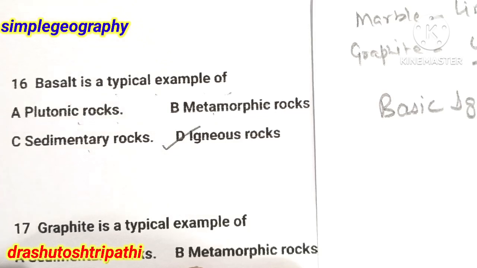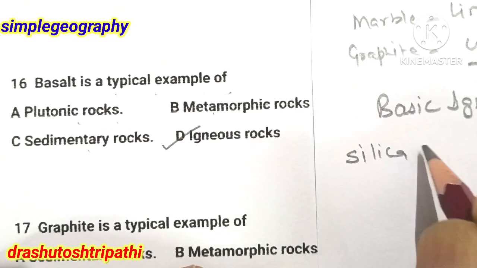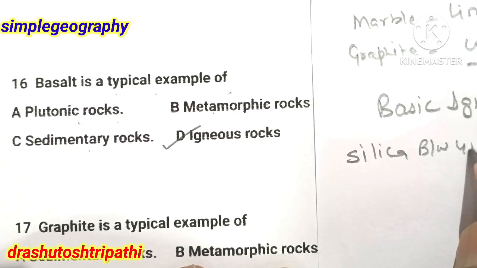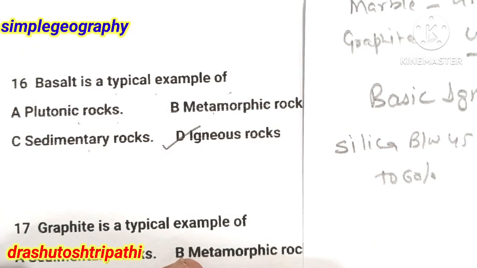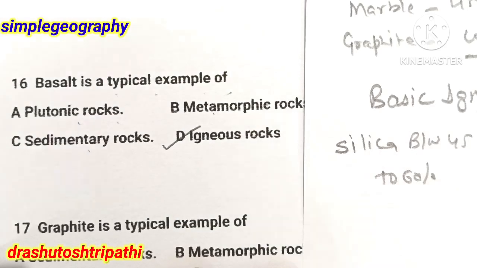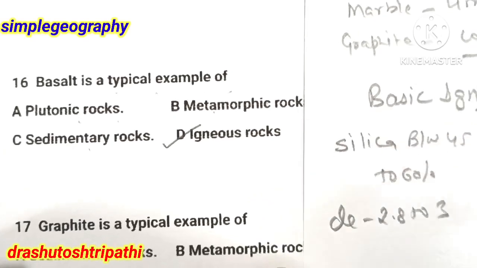It means the rock has silica content between 45 to 60%, then it is called basic igneous rock. The density of this type of rock is 2.8 to 3.